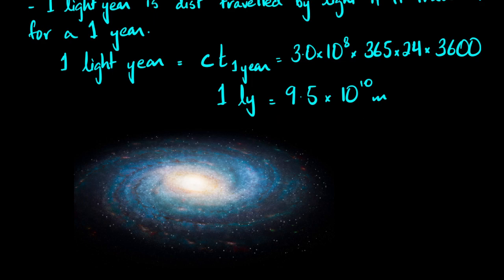So you can just imagine how large this distance would be. We are approximately here at this location in the Milky Way, right? So we aren't really in the center, we are kind of to one side.